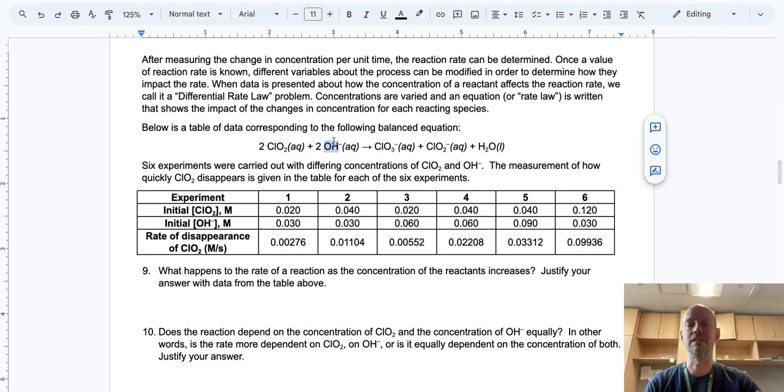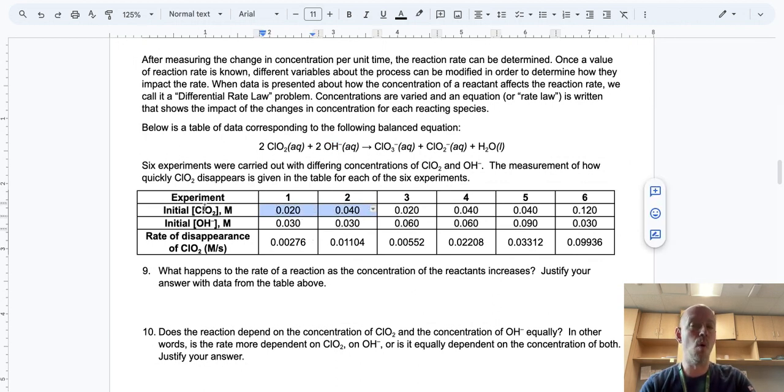How much does the amount of chemical 2 cause my reaction to speed up, to slow down, or does it not impact that? So a rate law is not just using or comparing our coefficients. It's seeing when I change one of my reactants, how does that cause the rate of reaction to change?